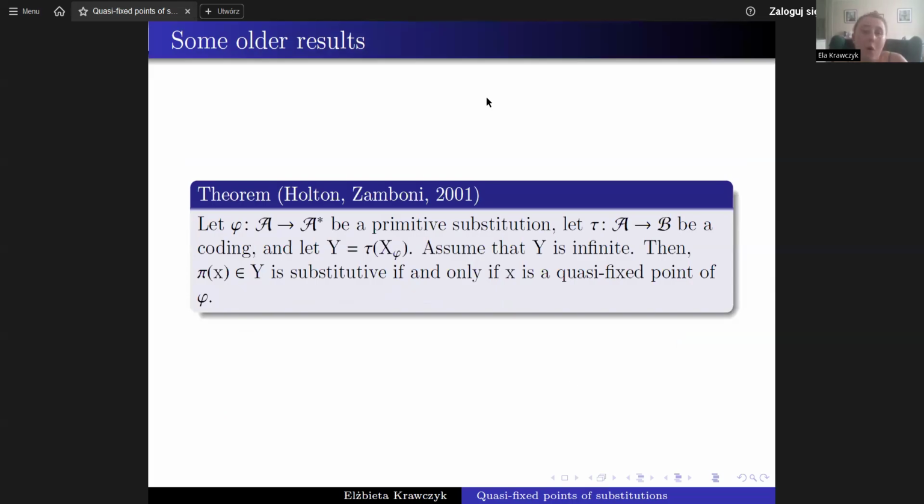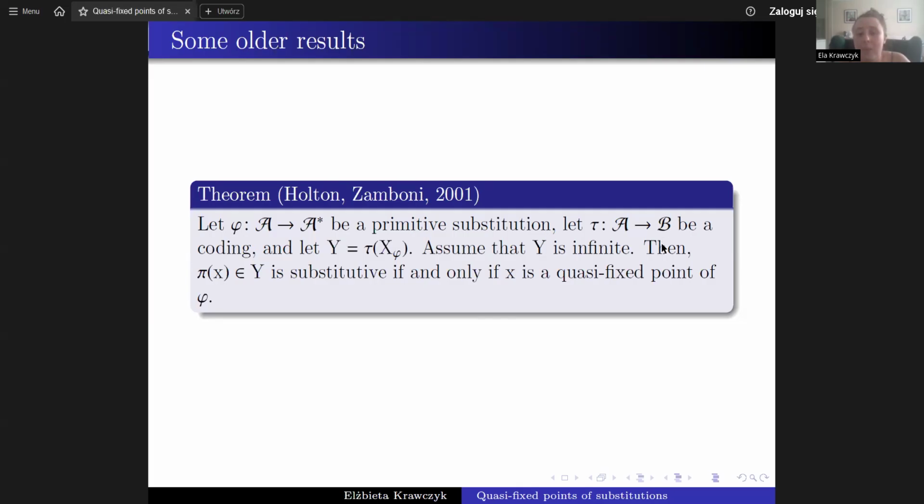Some older results also resolve this for primitive substitutions. This is a theorem of Holton and Zamboni, and they don't phrase what I'm saying here exactly in the same way, but morally this is what they show, and this is exactly the same statement, assuming that my substitution is a primitive substitution and I have some coding.